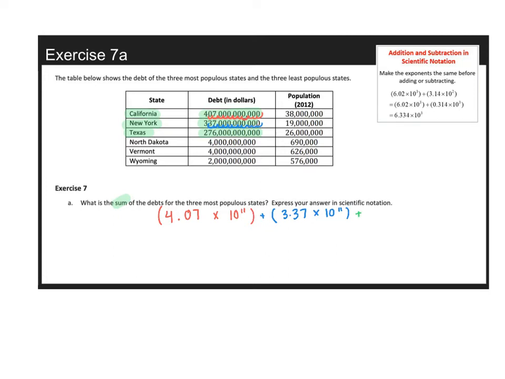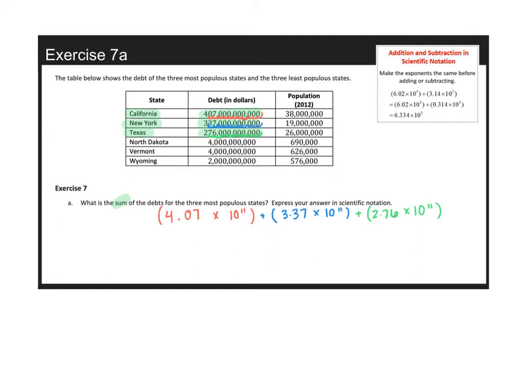Plus this last one, the decimal point's going to go in between the 2 and the 6. 2.76 times 10 to the 1, 2, 3, 4, 5, 6, 7, 8, 9, 10, 11 again. Okay, and now we're going to add these together.